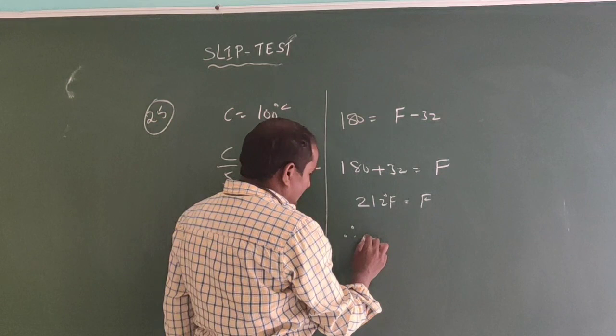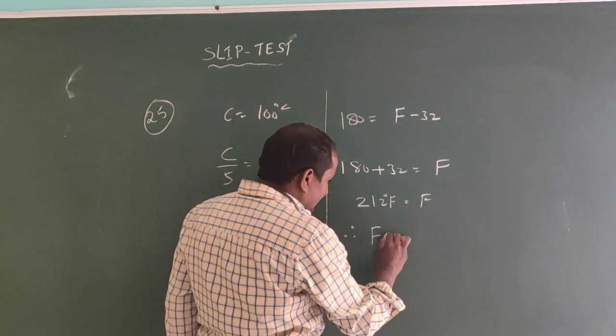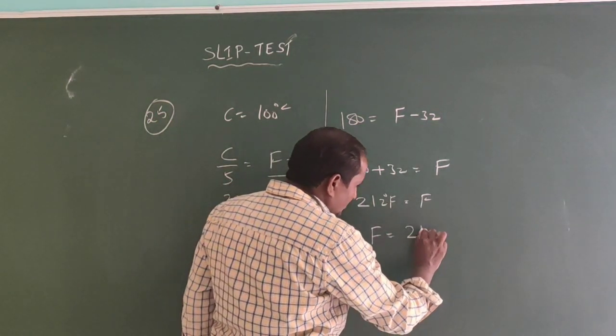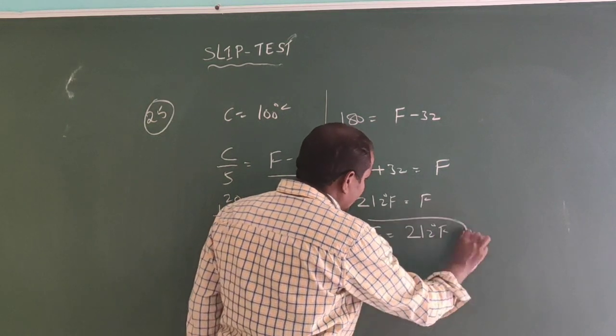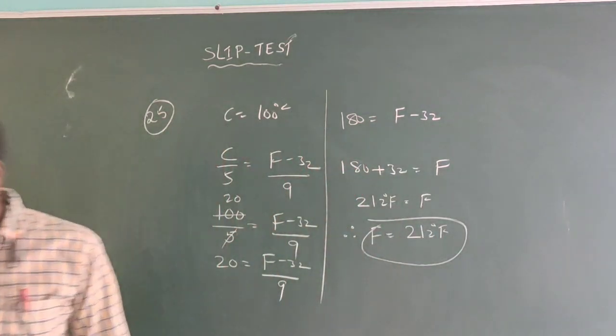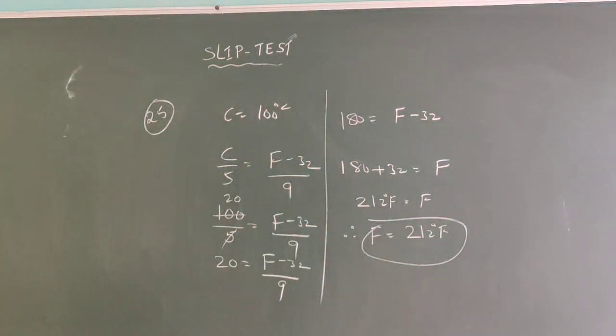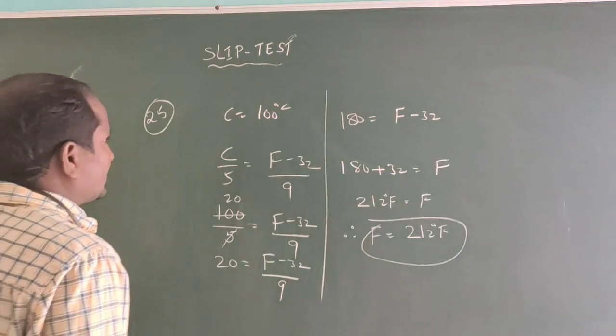Therefore, the boiling point of water in Fahrenheit is 212 degree Fahrenheit. In Kelvin, 373.